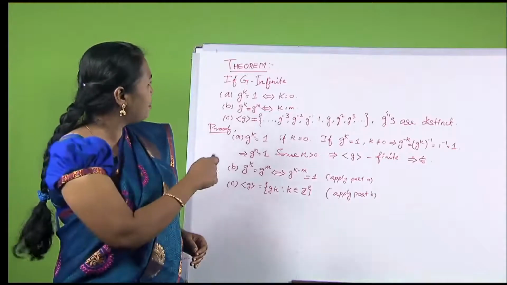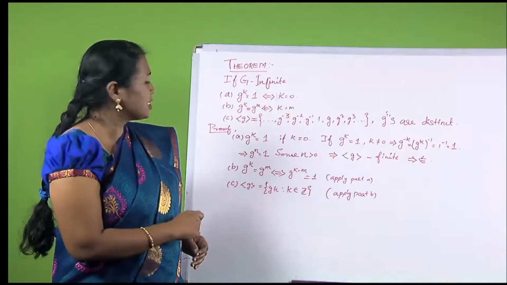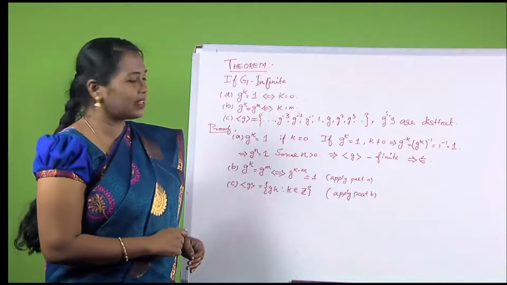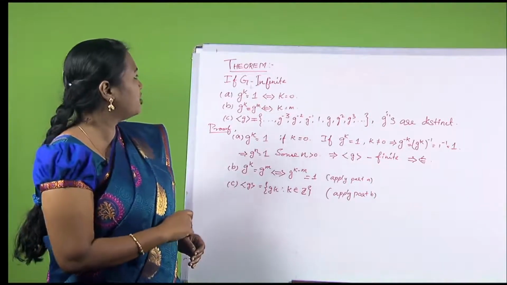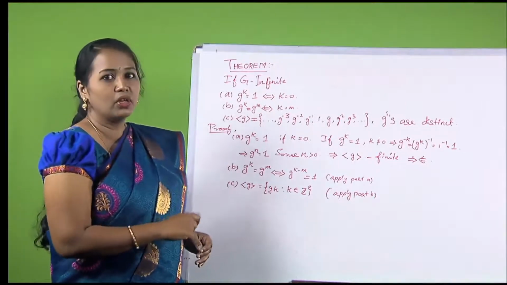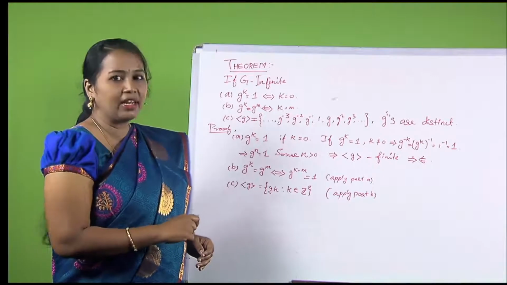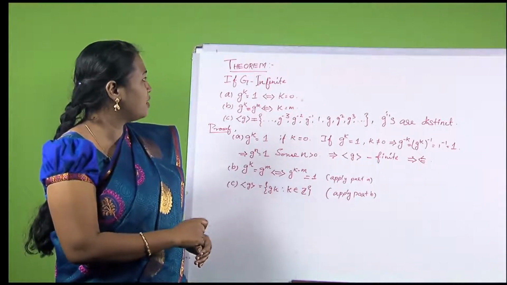So, with this we have proved the three properties for the infinite cyclic group, and you can notice that there is a distinction between the finite and infinite group. There, g power n is equal to 1 if and only if n divides k, so the cyclic property of n comes in. Here, because it is an infinite group, you have k equal to 0.